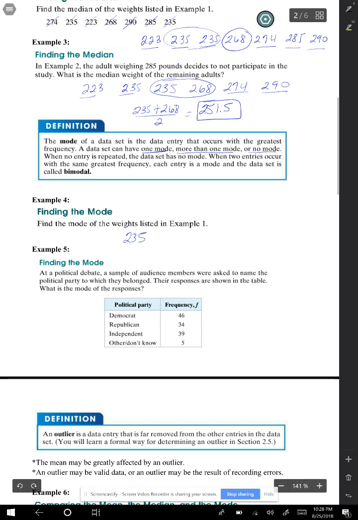For Democrats, the frequency was 46. It was a political debate, and they were asked to name the political party to which they belonged. So 46 of the people said Democrat, 34 said Republican, 39 said independent, and 5 said other or don't know. So the one that occurred with the most frequency was Democrat. So Democrat would be the mode.